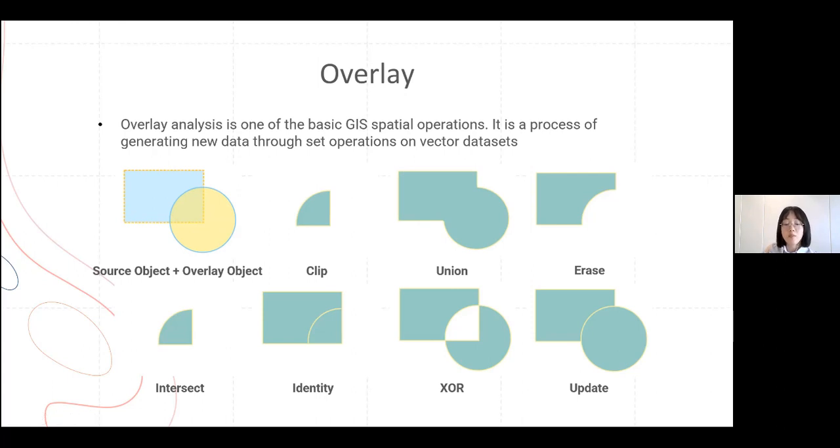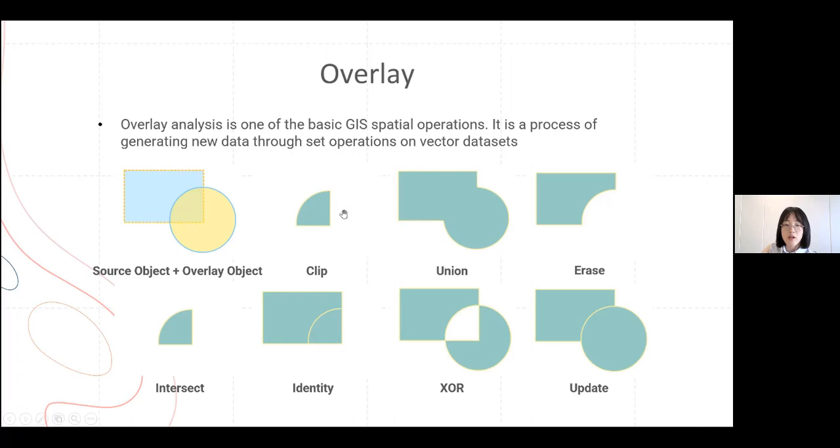And both the shape and attributes of the features can be changed or updated after we conduct overlay operations. And here, clip, union, erase, and intersect are the four most commonly used operations in overlay.